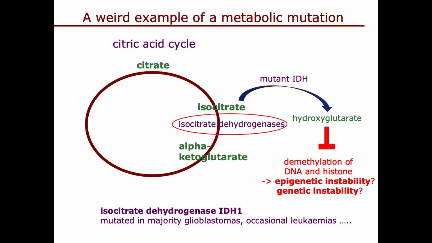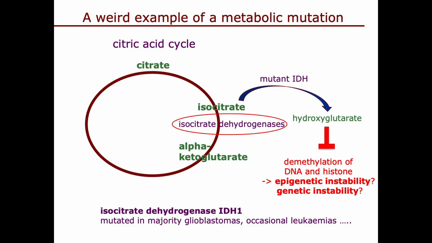in the cell. There are a number of possible consequences of this. The best understood at the moment are increased methylation of DNA and increased methylation of protein. The increased methylation of DNA may inhibit the transcription of certain genes. It's a kind of epigenetic instability mutation.